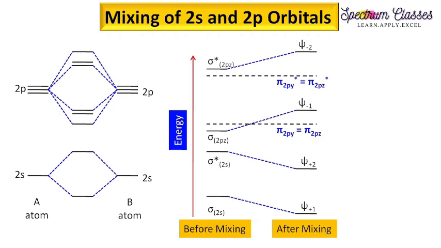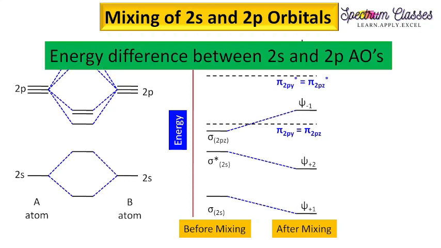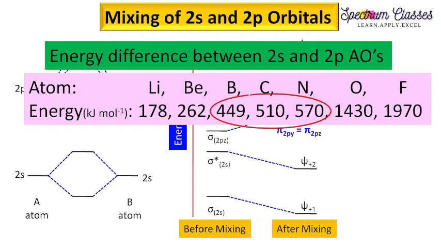Before describing this mixing of orbitals, I must tell you the energy difference between 2s and 2p atomic orbitals. These are the atoms, and for these atoms, here is the difference in energy between the s and p orbitals, mentioned here in kilojoules per mole. I have also highlighted this with the red circle, showing the energy difference.